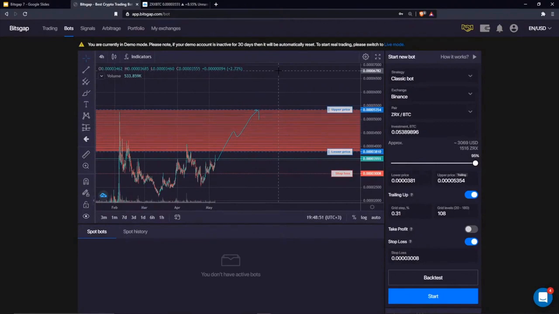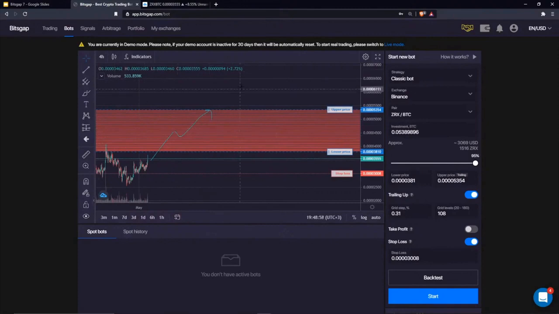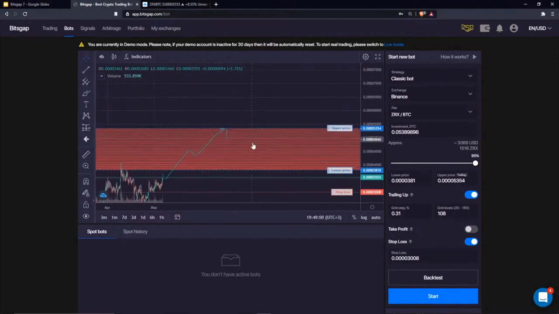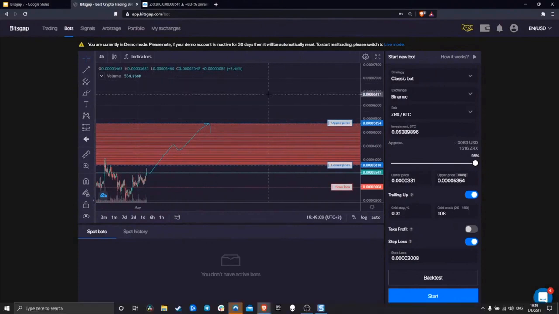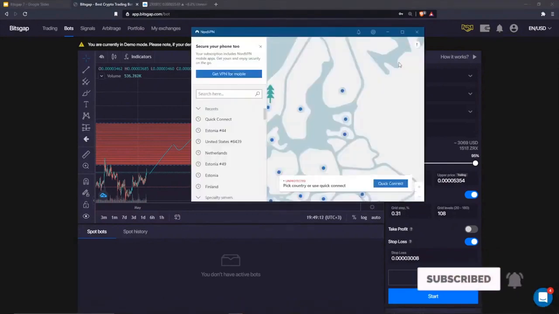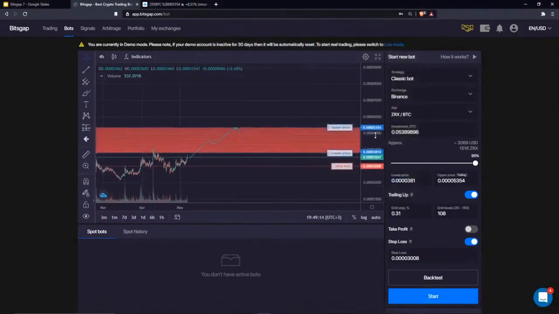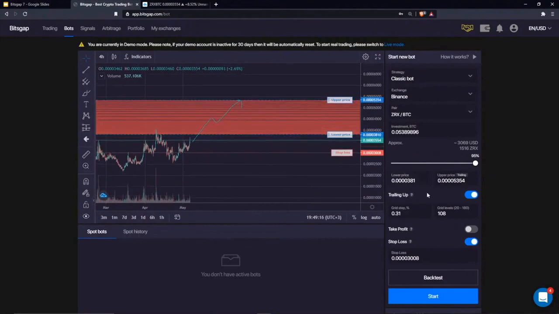It makes 70,000, for example. But you were fortunate enough, because the bot did the job for you. It followed this rally. It made decent returns on these price swings during this rally to 70K, and you end up having more returns than you would in case of the configuration without the trailing up enabled. You would just skip this rally.